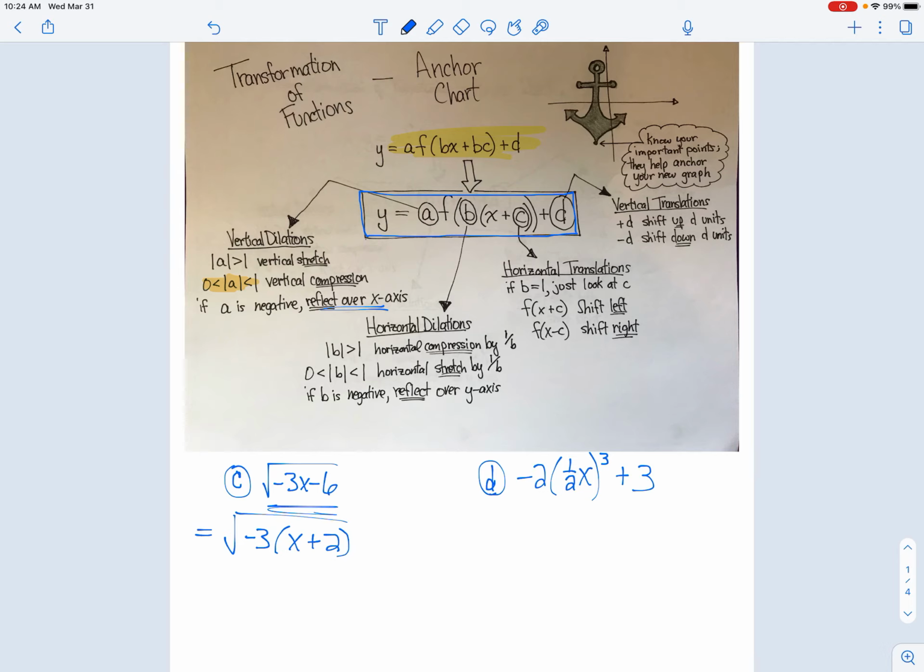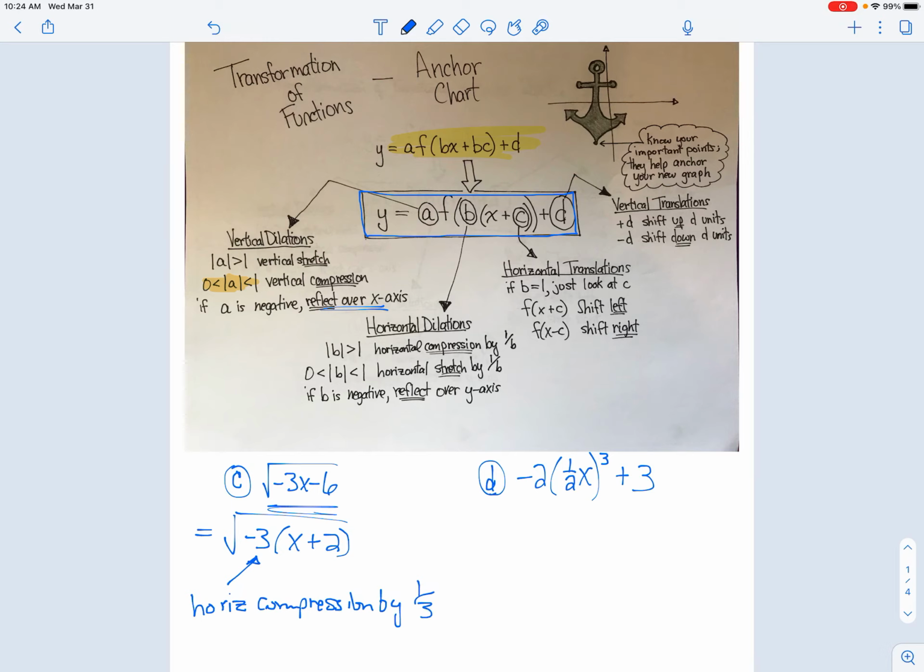Only after you tease out any common factor on the inside do you see what you really get. So this negative 3 on the inside means that it's a square root function, and it has a horizontal compression by 1/3.